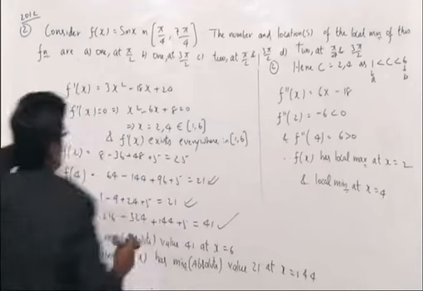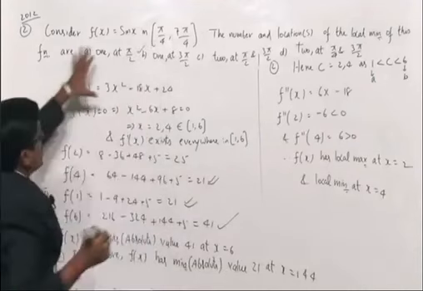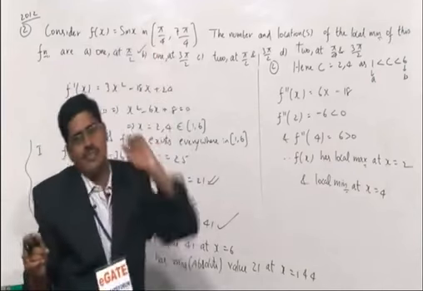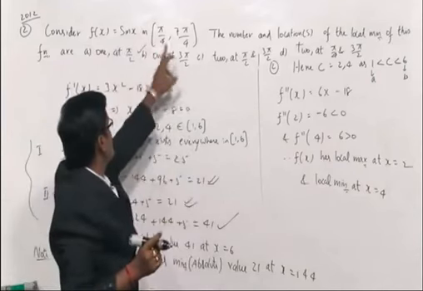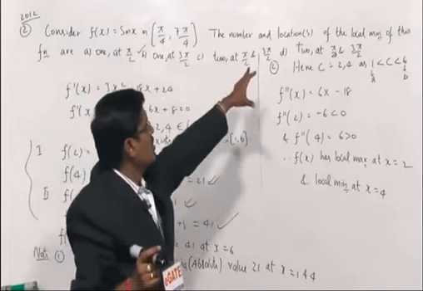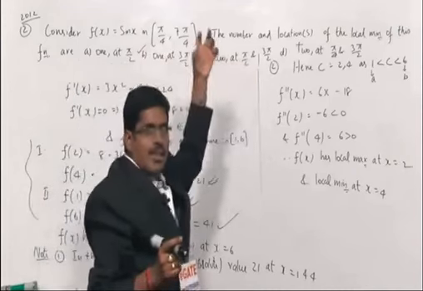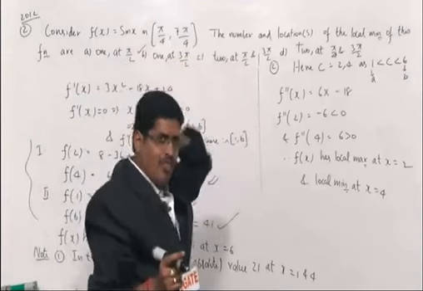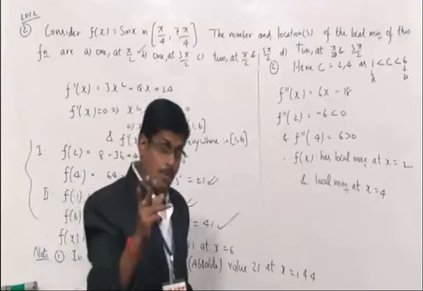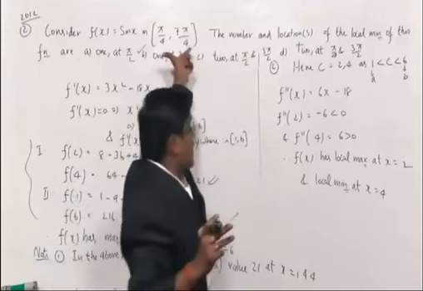Just see. Answer is option B. Number and location means find f dash x equal to 0. Find x values and see that x values according to this. Location means the number of the value of x where it is going to be local minimum. I have given local maxima, minima, absolute maxima, absolute minima in the previous problem in a closed interval.